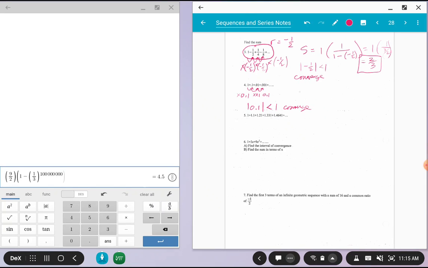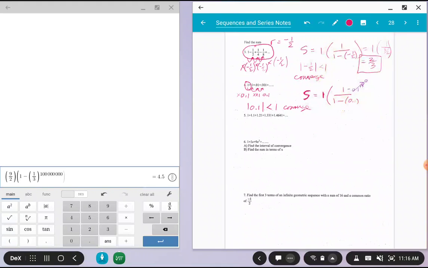Because it converges, we can just use our formula saying our geometric series, this S, is equal to the first term, which is 1, multiplied by 1 over 1 minus r, the r value being 0.1. Keep in mind, we technically didn't need to have this 0.1 to the power of n because we know that 0.1 to the power of n is going to go to 0 anyway.